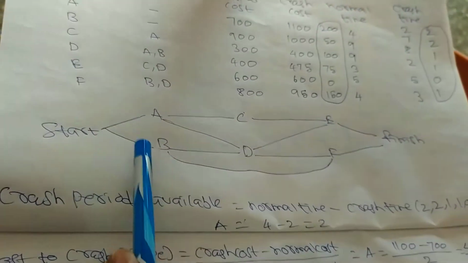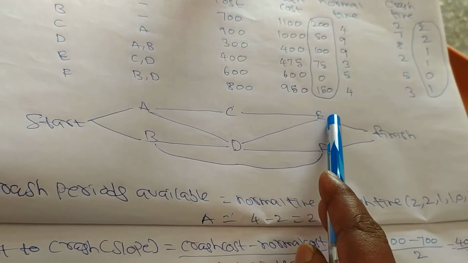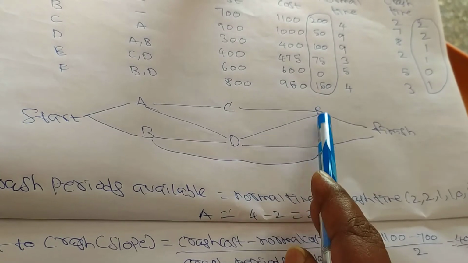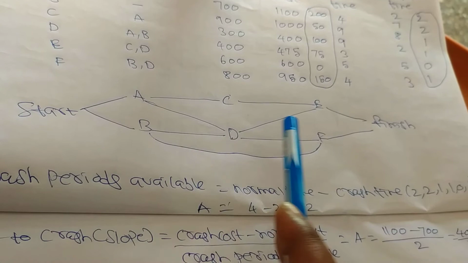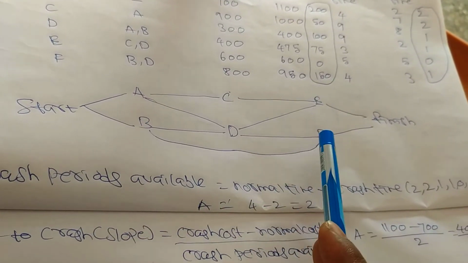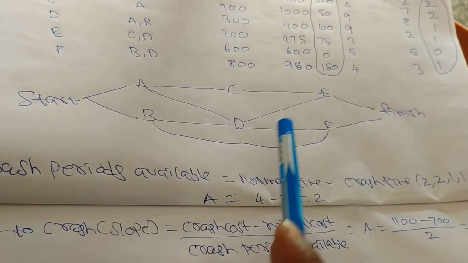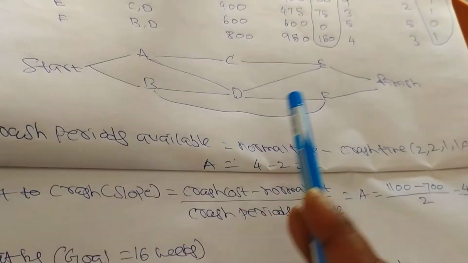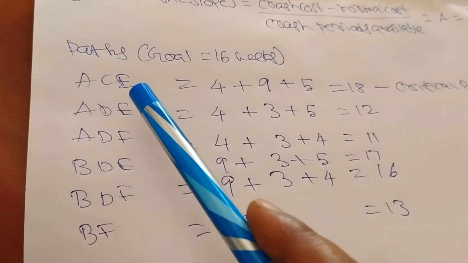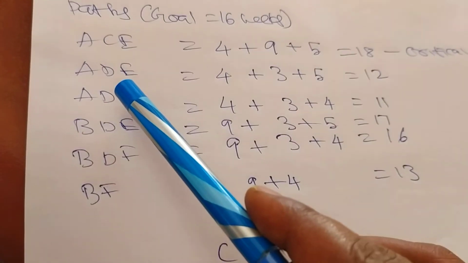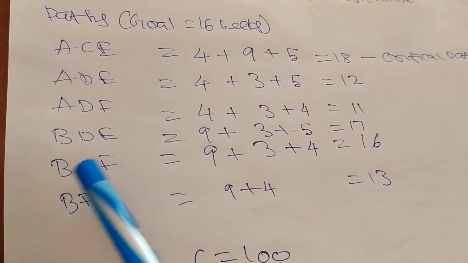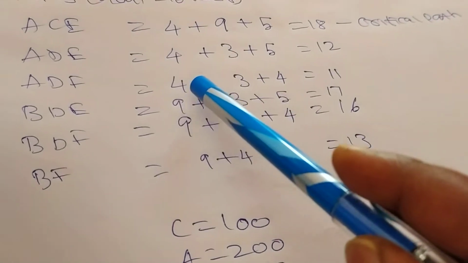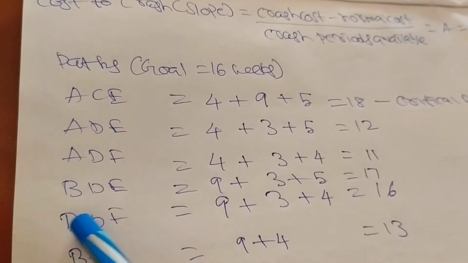Here A, C, E; A, D, E; A, D, F; B, D, E; B, D, F; then B, F. So these are all the paths to calculate.